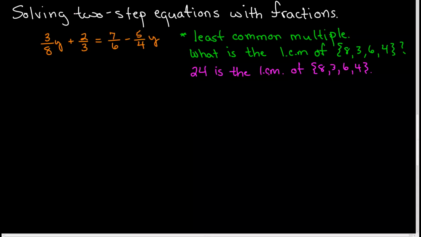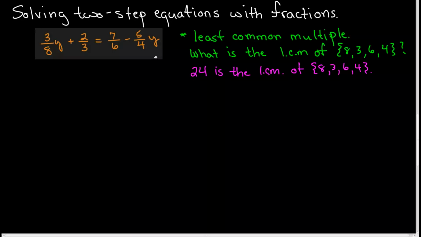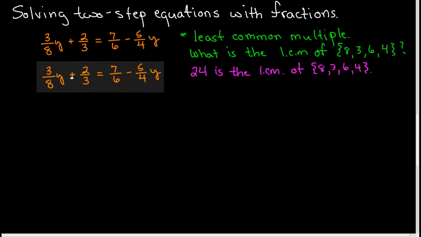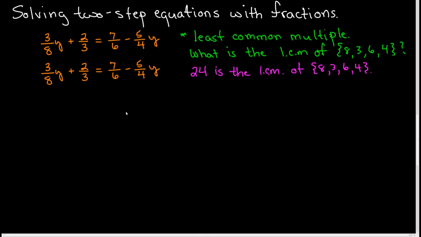So now what we're going to do then, let me make a copy of this so we can bring it down. We're going to multiply both sides of our equation by 24. And we'll do that in purple so we'll retain our steps. And when we say multiply both sides, we're really multiplying everything on one side by 24 and everything on the other side by 24.